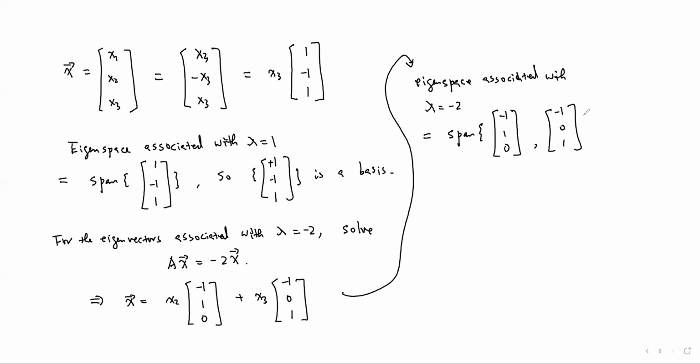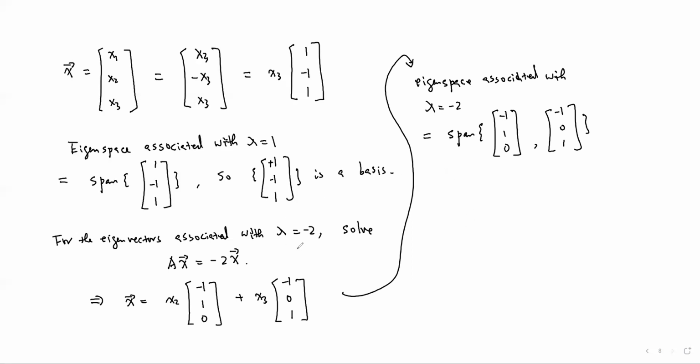All eigenvectors corresponding to negative 2 depend on these 2 vectors. So these 2 vectors form a basis. Therefore, the eigenspace corresponding to negative 2 is a 2-dimensional space in R3. The graph is a plane.